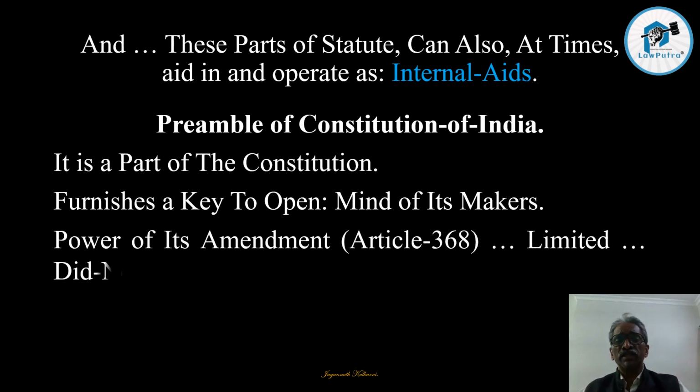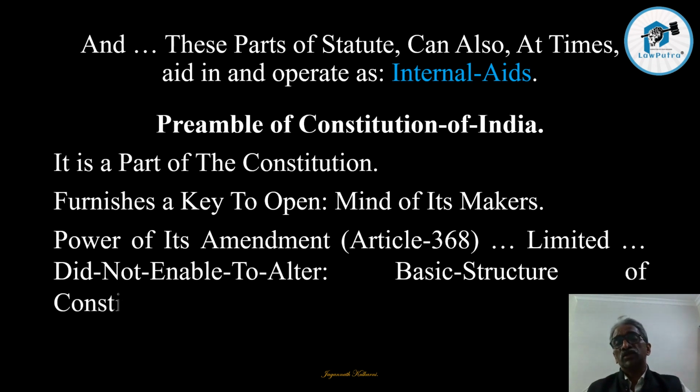Parliament has the power to amend the constitution through Article 368, but this power is limited, because Article 368 does not enable Parliament to alter the basic structure of the constitution, which is given in the preamble itself.